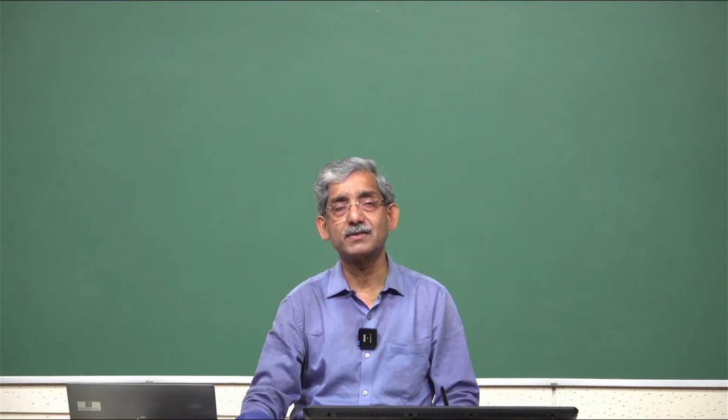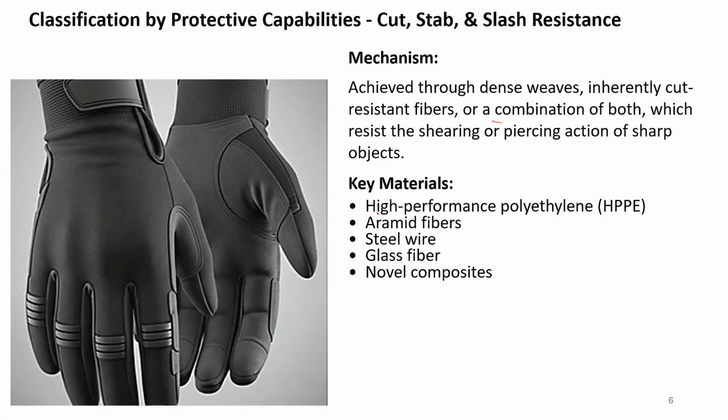The key materials here: high performance polyethylene, aramid fibers, stainless steel, glass, even different types of composite yarns. But if you see steel, stainless steel, and glass, in terms of comfort characteristics, they do not give a good tactile feel.